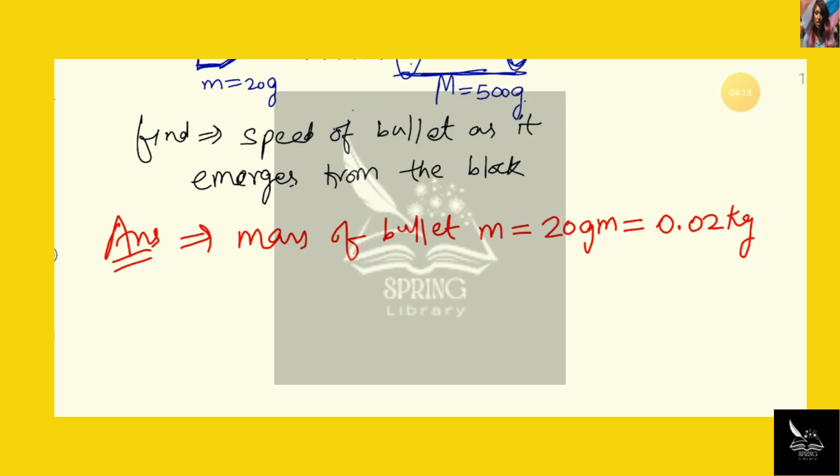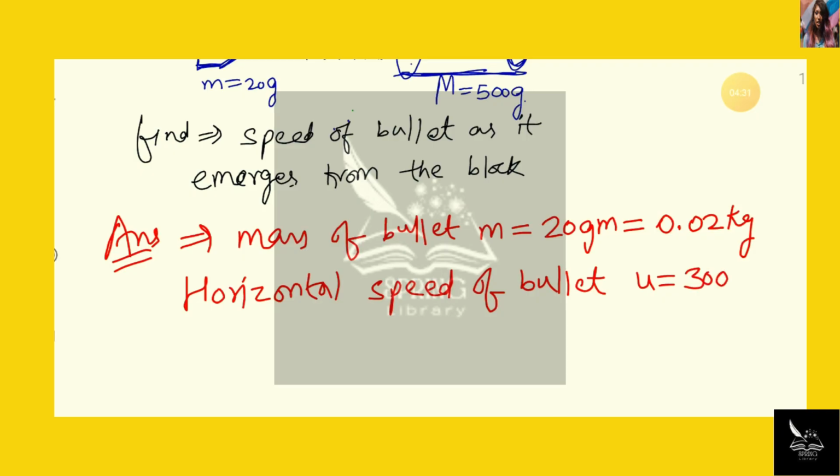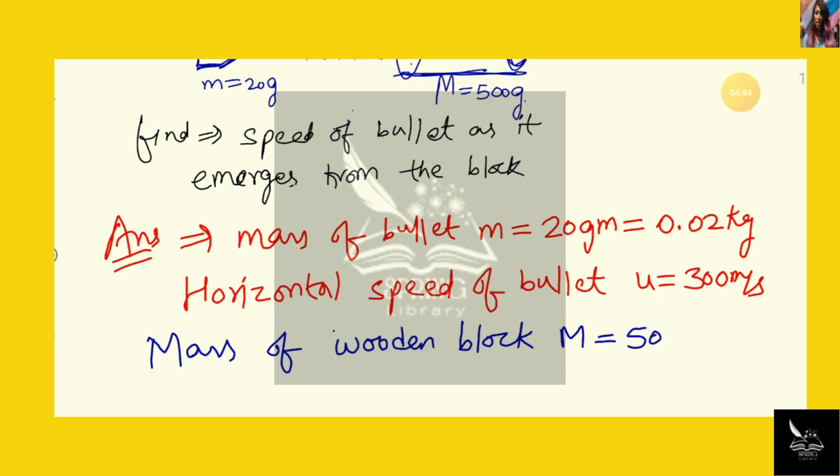The horizontal speed of the bullet, the initial speed, is given as u equal to 300 meter per second. Then the mass of the wooden block is given, capital M equal to 500 gram, or in kg it is 0.5 kg.